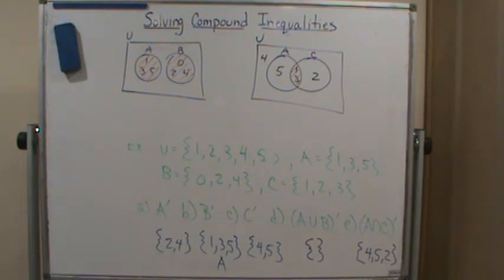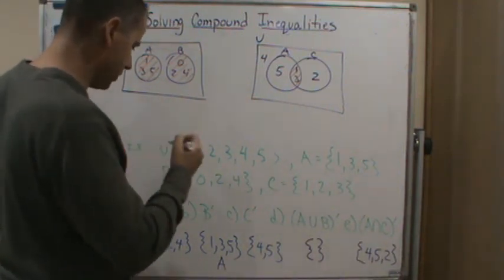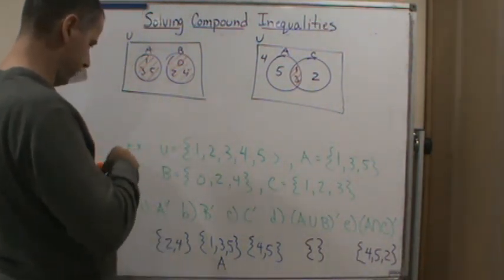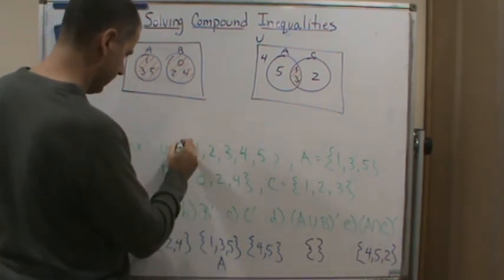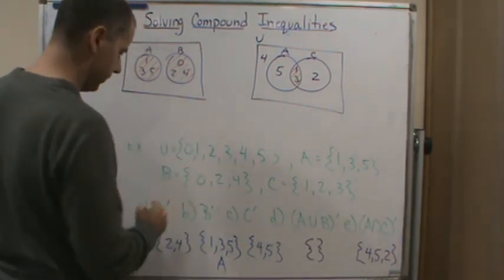Or hold on a second. Oh, you know what? I was right. There should be a 0 in here. I misread the problem. No, there is a 0 in here. So 0 should be in here.